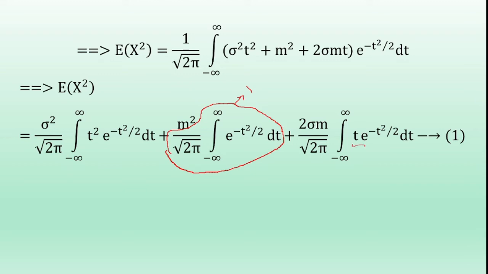Considering this as function g of t, substituting t equal to minus t gives g of minus t equal to minus g of t. So this is an odd function, and the integral value is equal to 0.